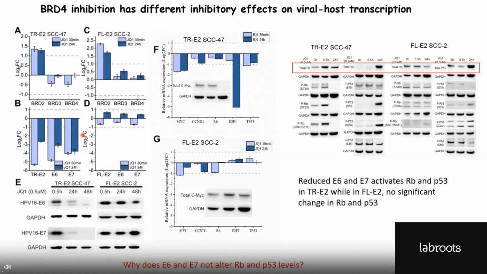A point to note here is that E6 and E7 get downregulated significantly, while in this particular line, E2, E6, E7 were not significantly downregulated, but in fact seem to be upregulated to a certain extent, although not statistically significant.